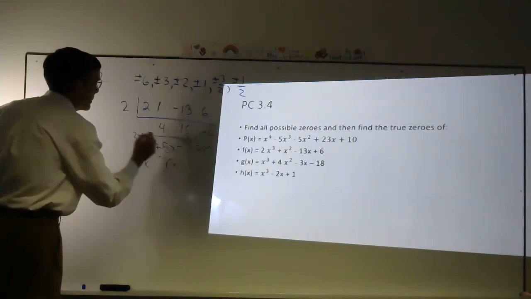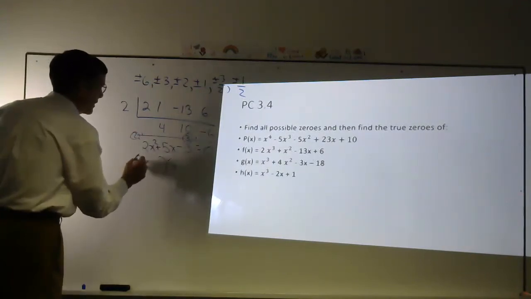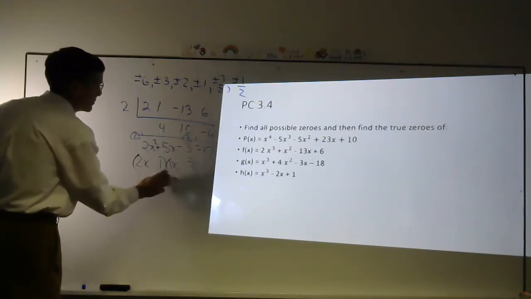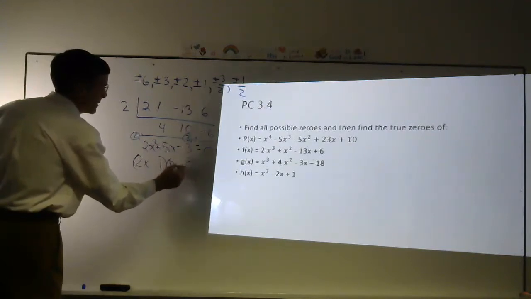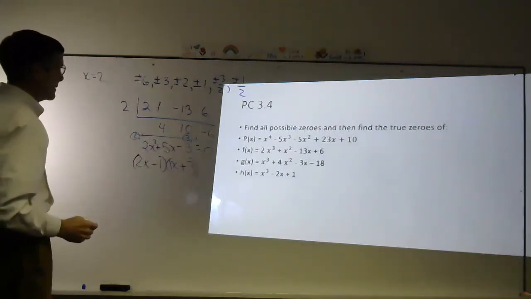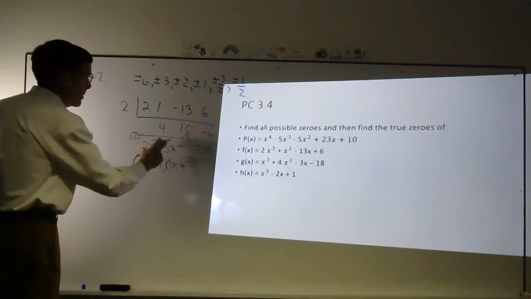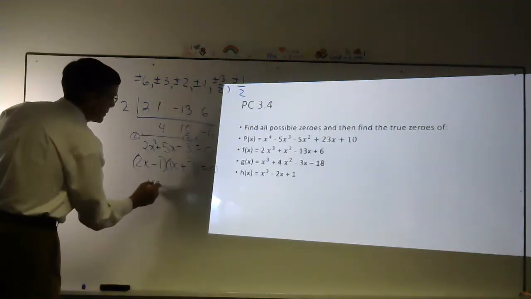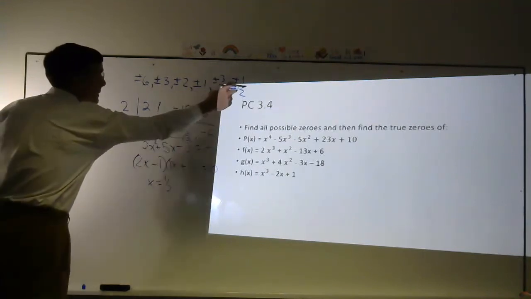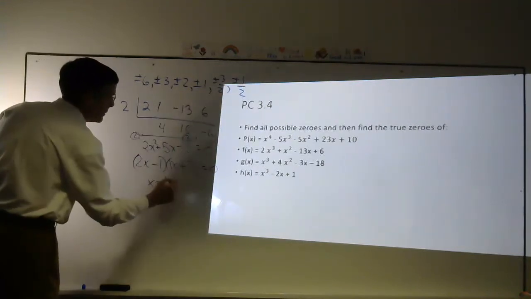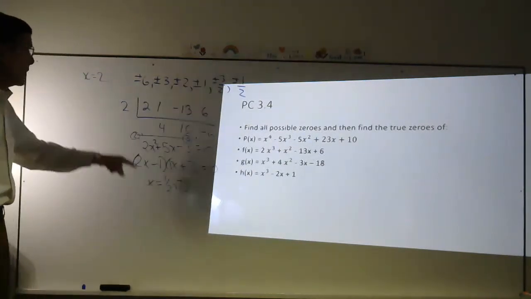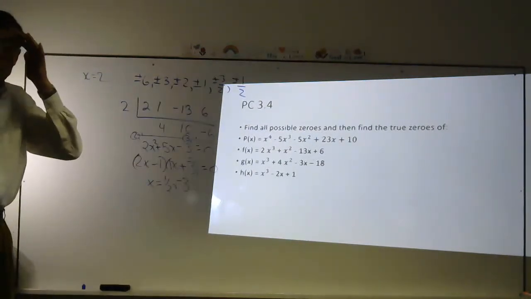If I pair the 2 and 3 is 6, so 2 and 3 and the 1 and 1 get flipped and they go in the inners. This sign goes with the biggest, right, like that. 2x squared, positive 5x, factors perfectly. Set each part equal to 0, you're going to get a half, which is right there, and you're going to get -3, which is there. There are your 3 zeros, okay?